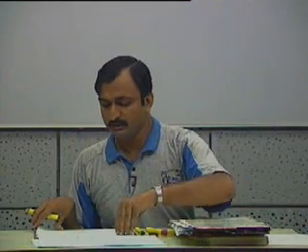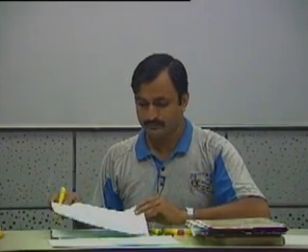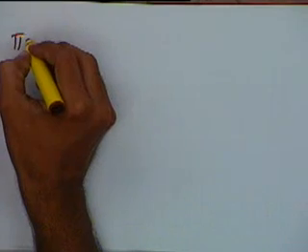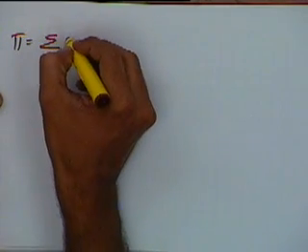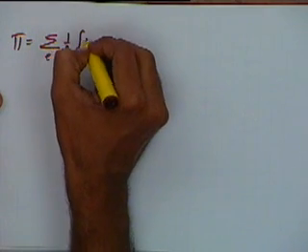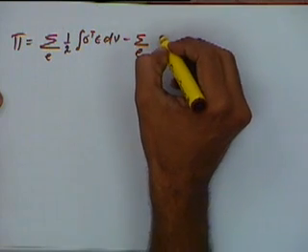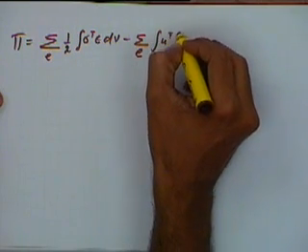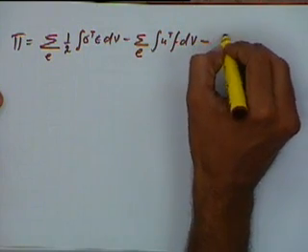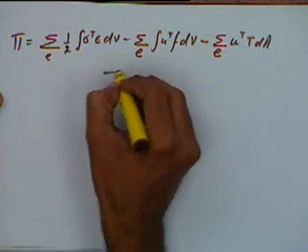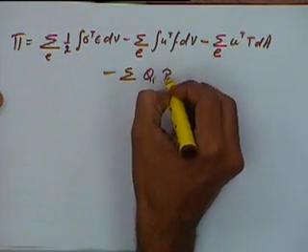Okay, so now if we look at the potential energy expression, I will rewrite the expression here, which is potential energy pi is equal to summation over all the elements of half of integral sigma transpose epsilon dV minus summation over all the elements of integral u transpose f dV minus summation over all the elements u transpose t dA minus sigma qi pi.